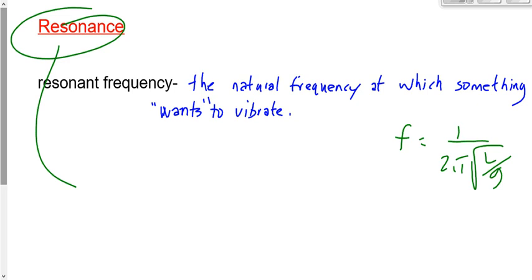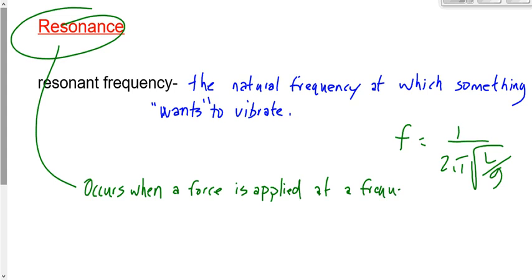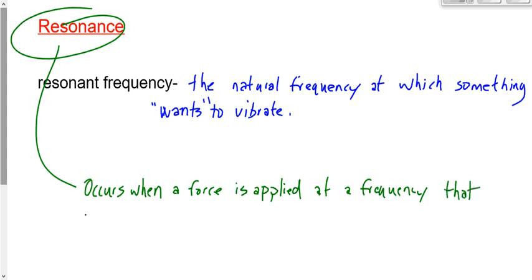So we define resonant frequency as a natural frequency at which anything wants to vibrate. Resonance occurs when a force is applied on an object at a frequency that matches the resonant frequency of the object.